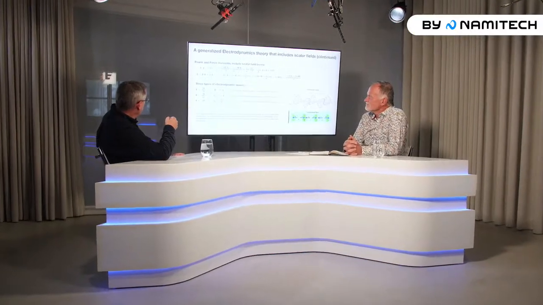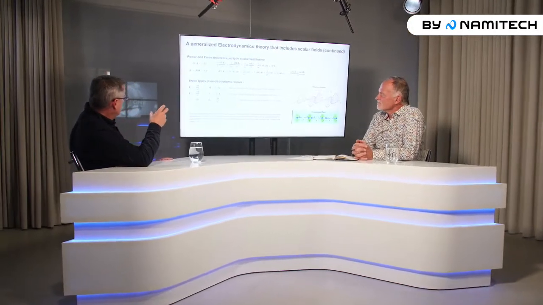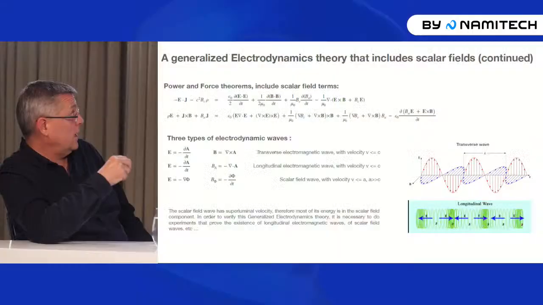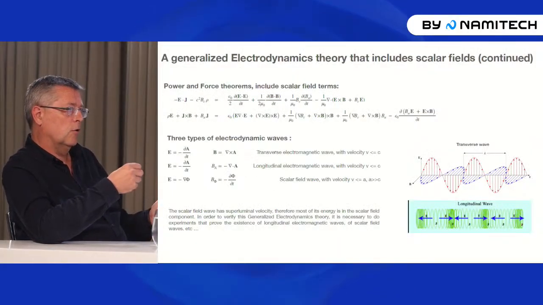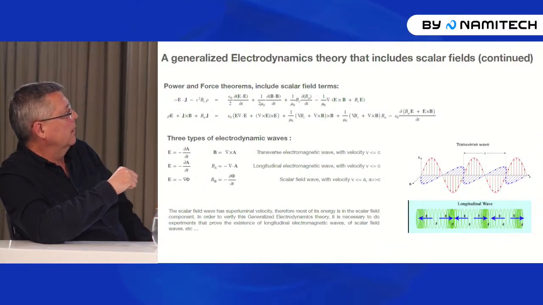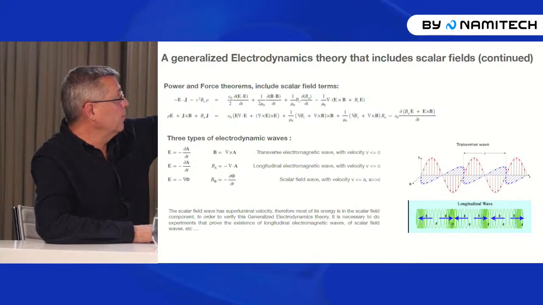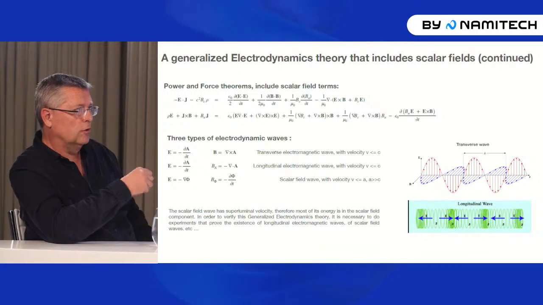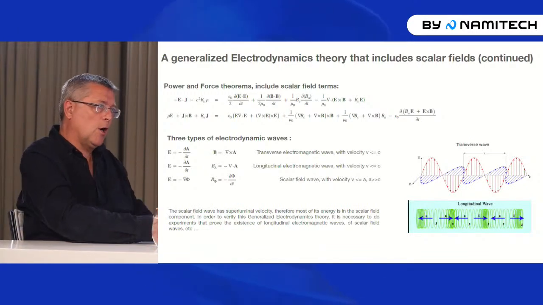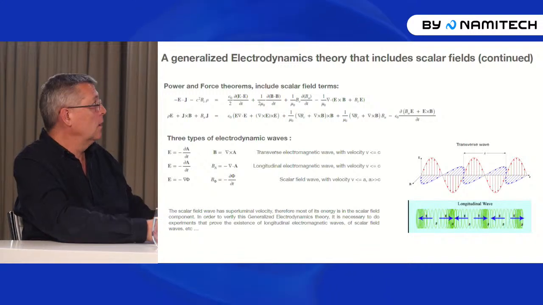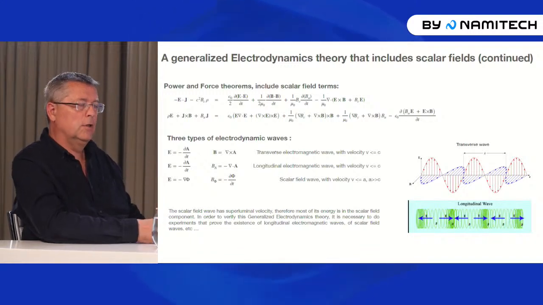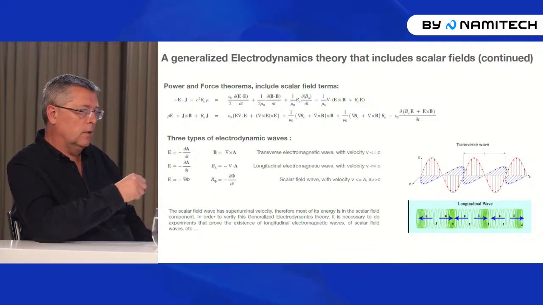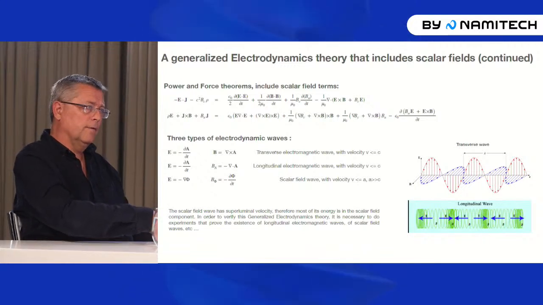Here we have a continuation of this theory, and I have a power and a force theorem that shows that the scalar fields are actually physical. We have an extra term in the power theorem, that's the top equation here, extra scalar field components that represent power, which is something that is physical, and that represent forces, which you can also measure. So we have now a much more physical theory that includes scalar field effects that you can measure.